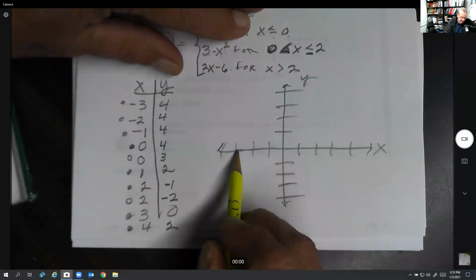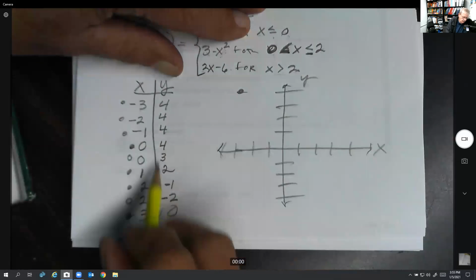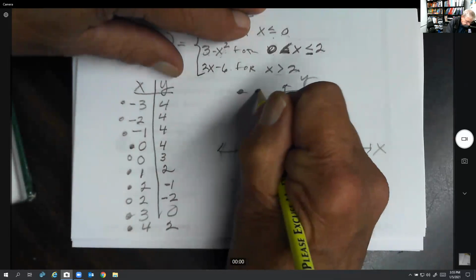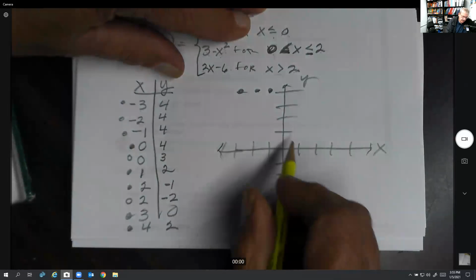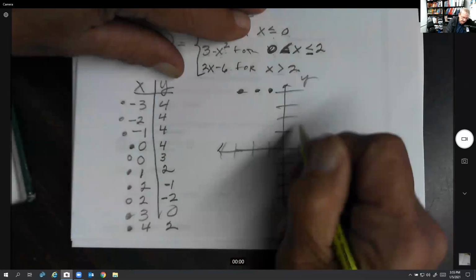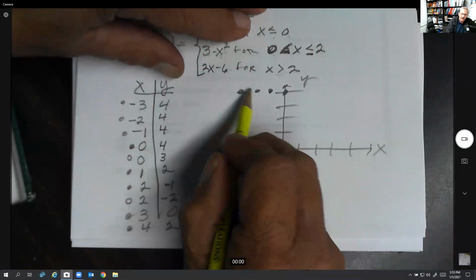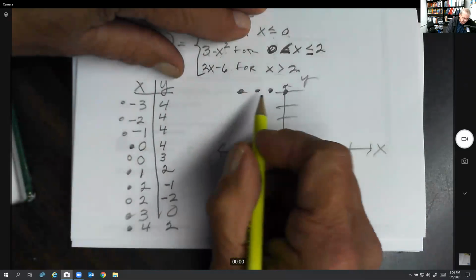So when X is at negative 3, it's exactly at 4. When X is negative 2, it's exactly at 4. When X is negative 1, it's exactly at 4. And when X is 0, it's exactly at 4. It's also exactly all the numbers in between these. We didn't put down 2.5 and 2 3/4 and all that.